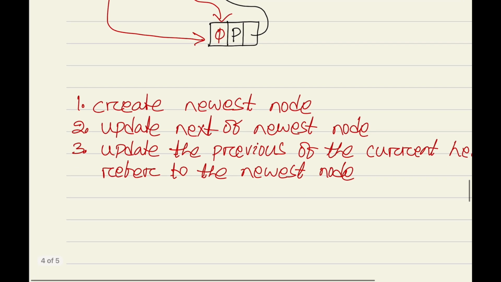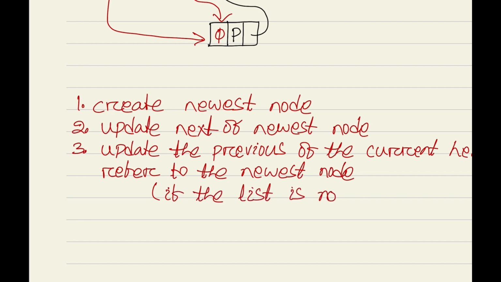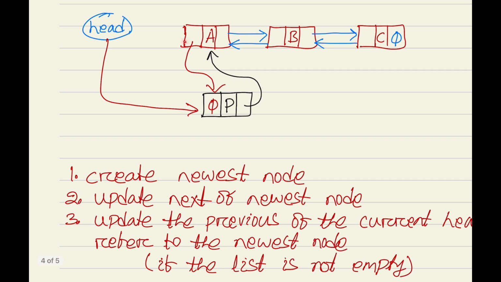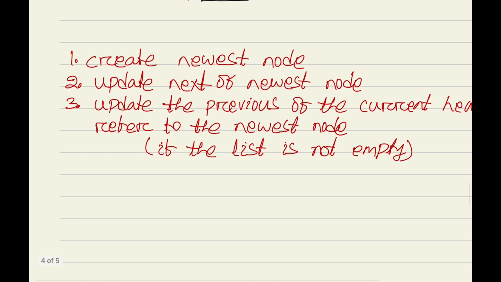Then what is the next step that we have discussed? For this step the condition is that the list is not empty. So for step 3 the list should not be empty, otherwise this updation of this previous is not required. Okay. Now what is the next step?